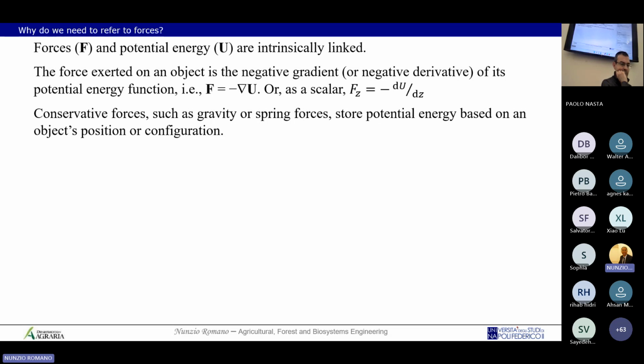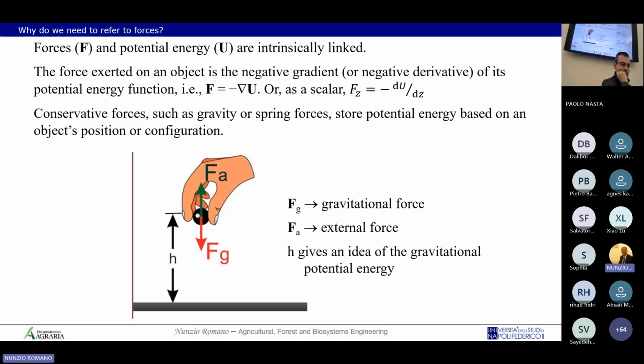So conservative forces like gravity or a spring store an energy, this potential energy. Potential energy to do what? To make a work. And I just try to simplify this in this picture. You see, you have this black ball, and this ball is subject to gravity, to gravitational force.